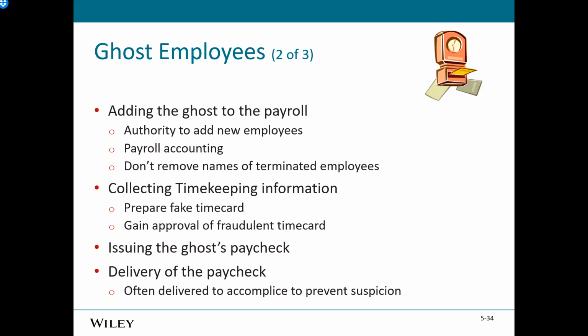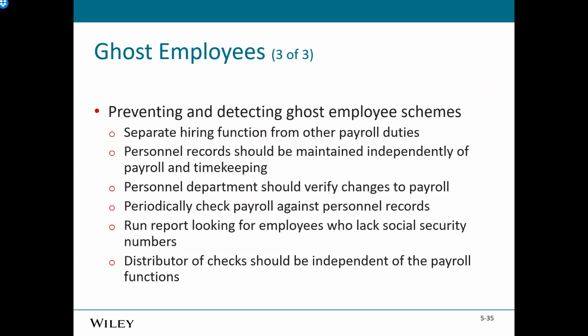Often it's going to be delivered to an accomplice to prevent suspicion, because if someone within the payroll department just takes that check, that would be a red flag. Oftentimes, we're going to want to have the control of hand delivering paychecks occasionally in order to help with that.